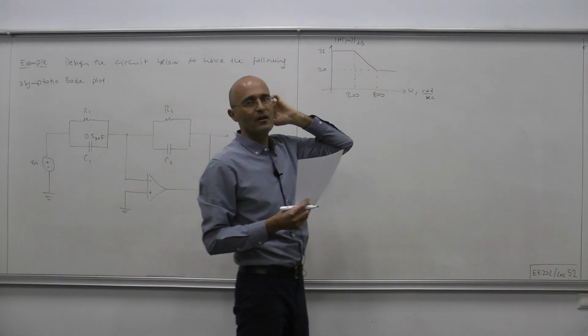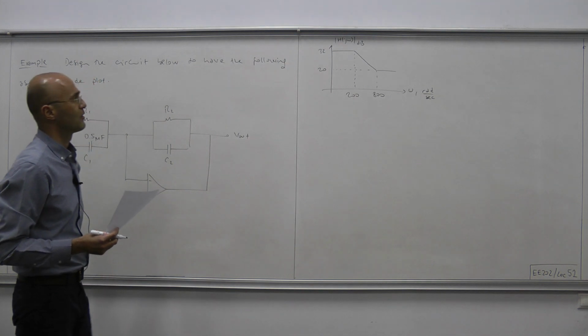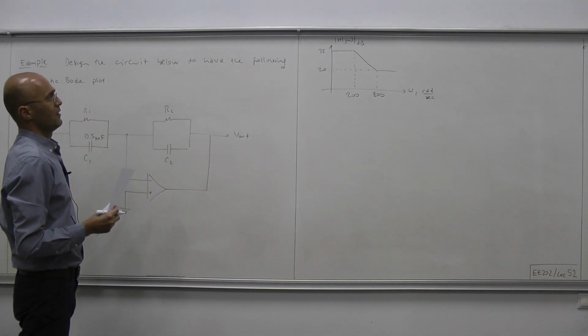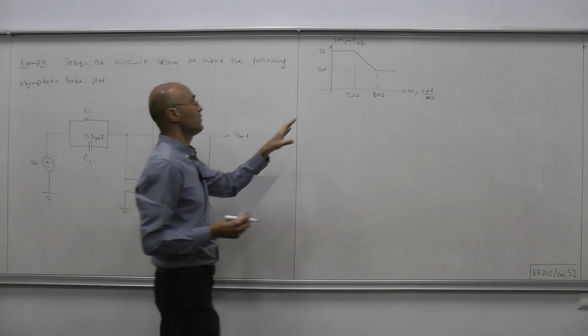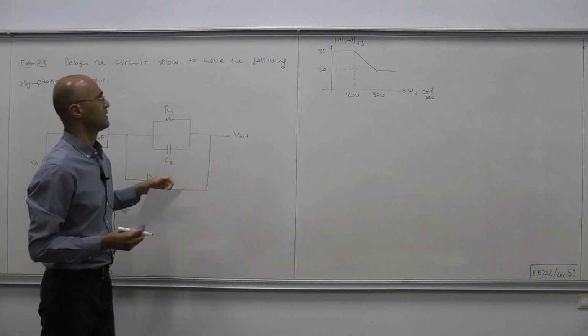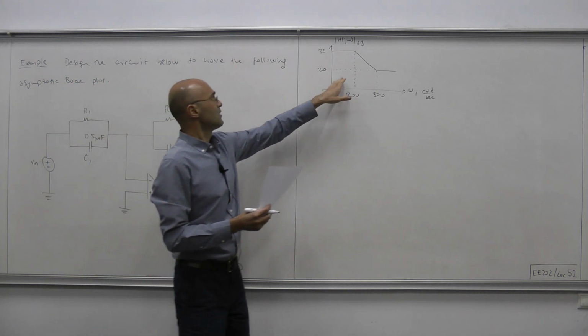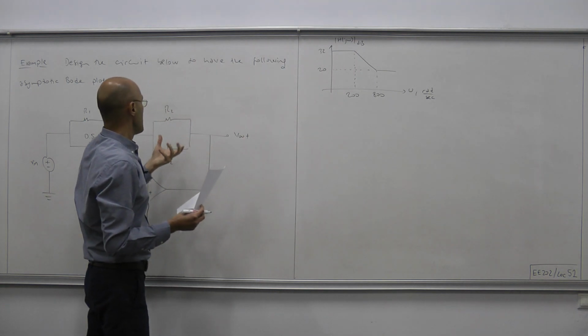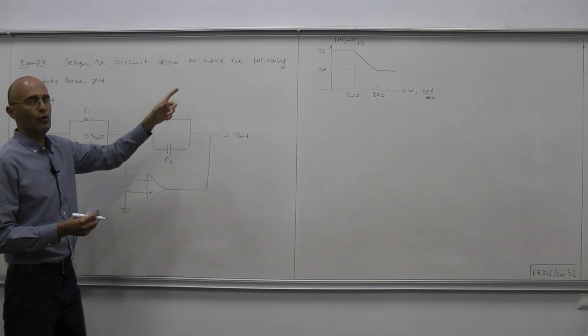Here the slope is minus 20 dB per decade. So we will now try to realize our design through the following constraint.